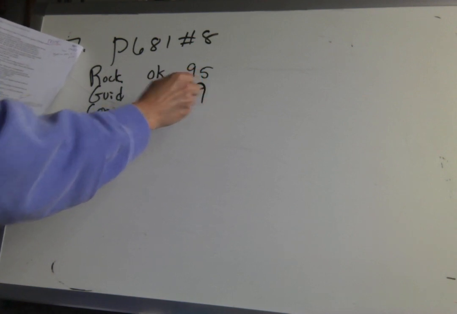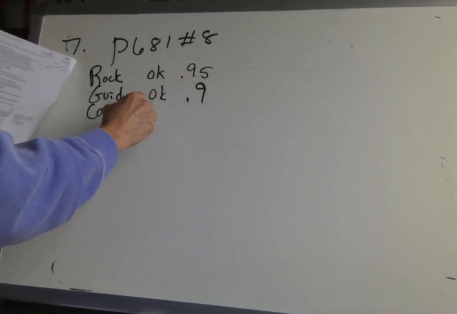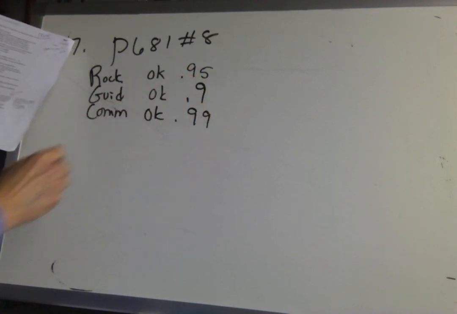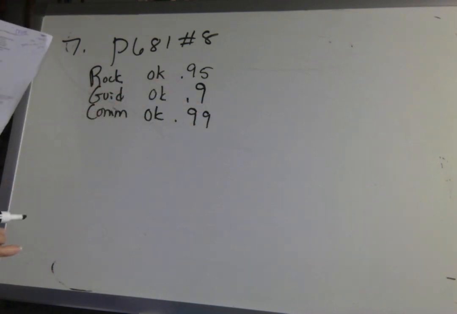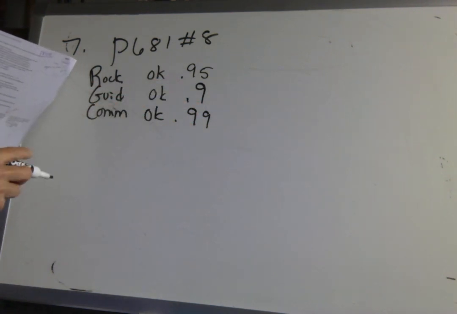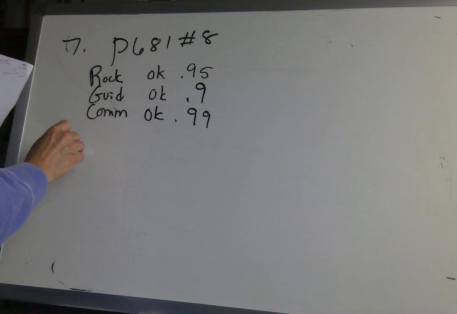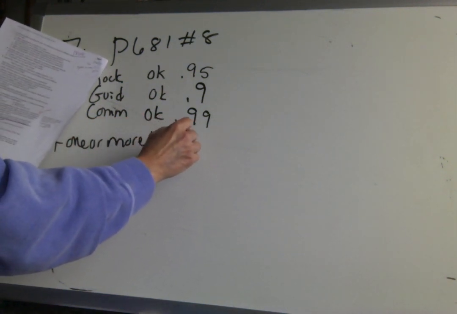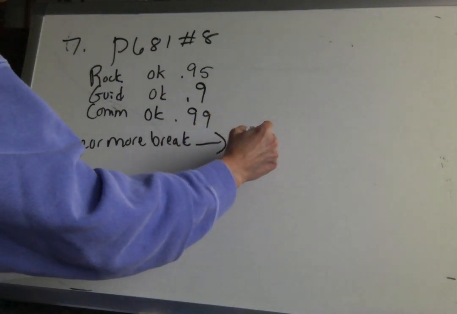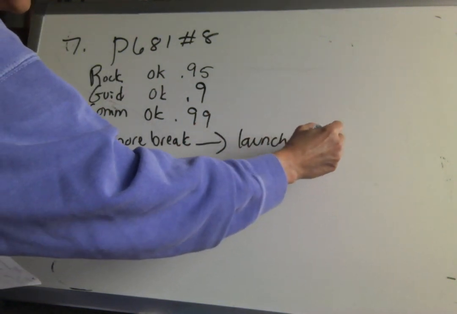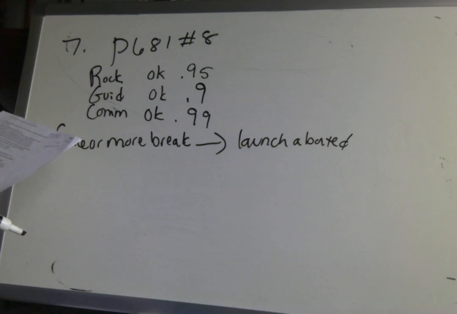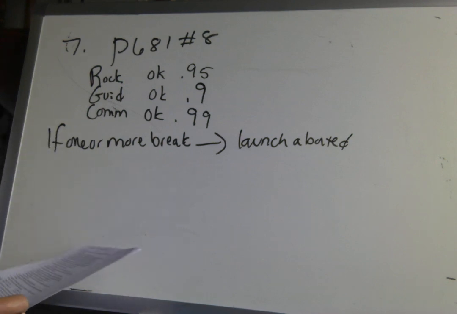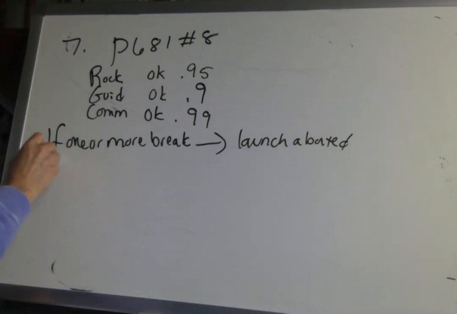For guidance is 0.9. For communications is 0.99. So that was given. And the question is, if 1 or more break, the launch is aborted. And then it asks you, what is the probability that the launch will be aborted?